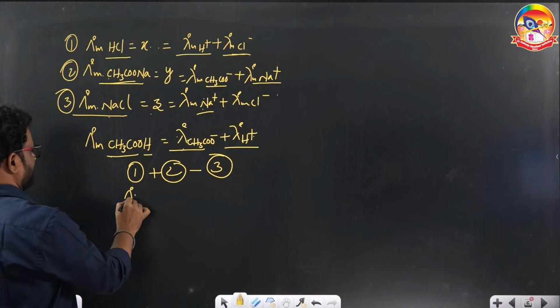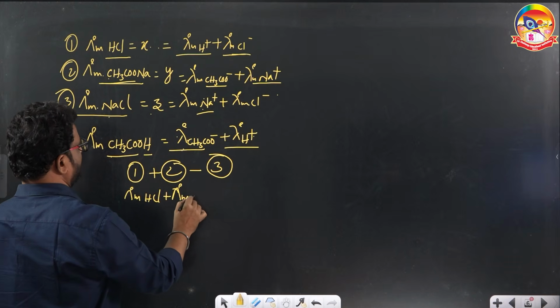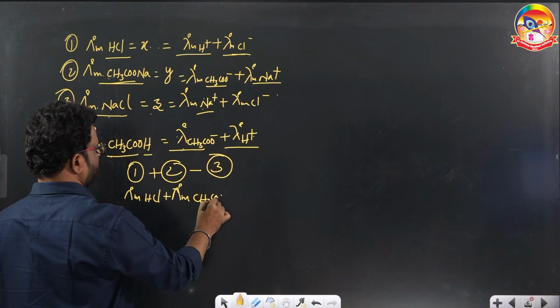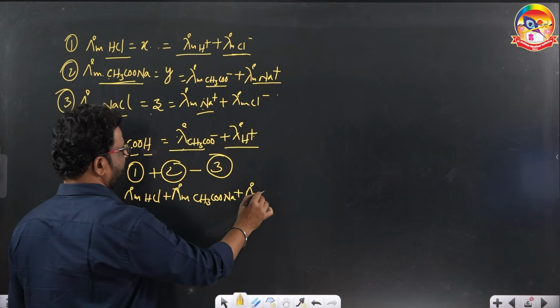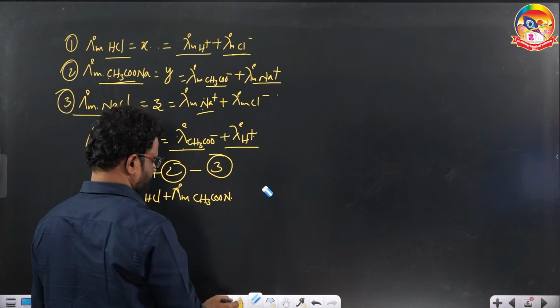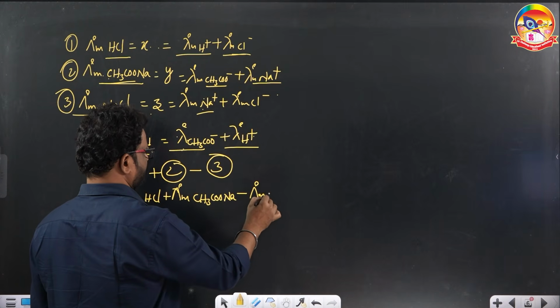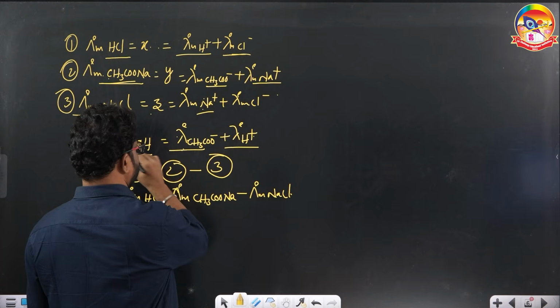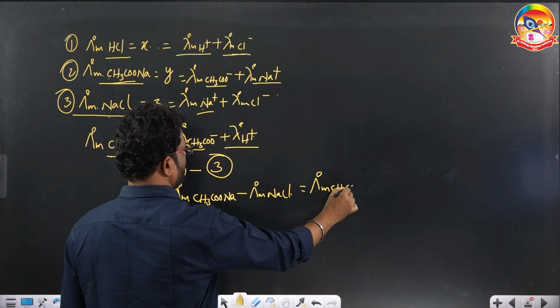That is lambda naught m of HCl plus lambda naught m of CH3COONa minus lambda naught m of NaCl will give us the required data. This is equal to lambda naught m of CH3COOH.